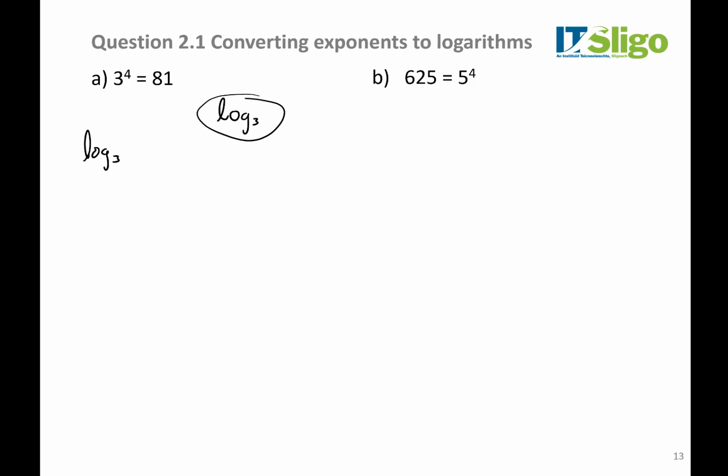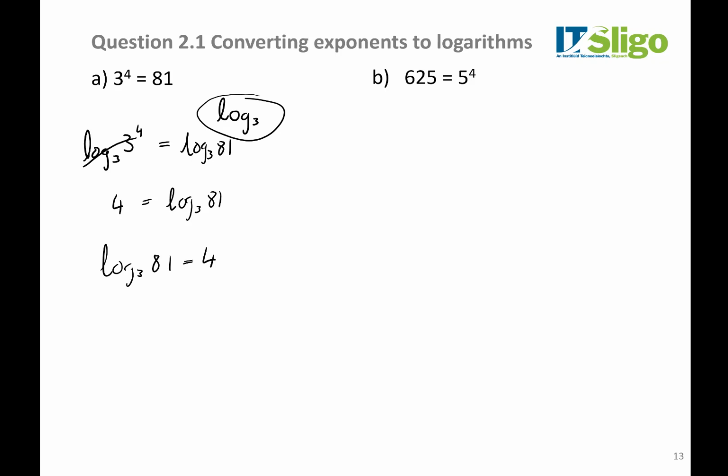So the log to the base 3 of the left is equal to the log to the base 3 of 81. These cancel out because they're inverse functions. We get 4 is the log to the base 3 of 81. And finally, you write your log on the left. And that's us there.